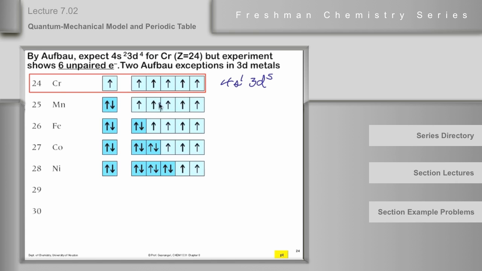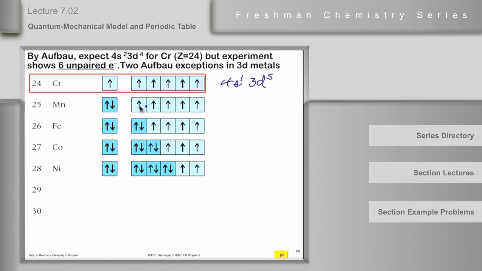If we look at the rest of the 3d elements, the steps work just fine for a while again. The next electron comes from manganese, and it goes into the 4s subshell, 4s orbital, and you get 4s2, 3d5. That shouldn't be surprising. It maintains the stability of these 5 parallel spin electrons.